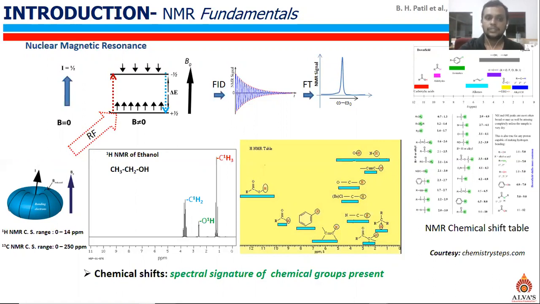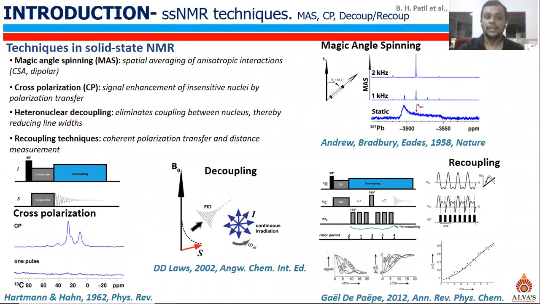In the case of ethanol, the three signals resemble the CH3, CH2, and OH groups, and hence chemists use the NMR chemical shift table to calculate their work.